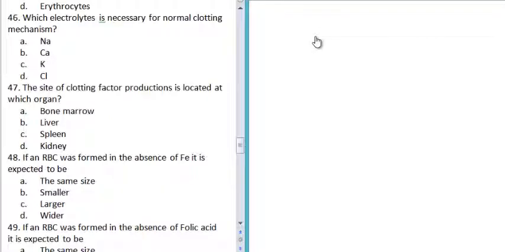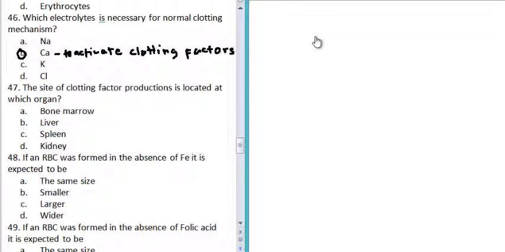Number 46. Which electrolyte is necessary for normal clotting mechanism? Answer: calcium. Because calcium is needed to activate your clotting factors.